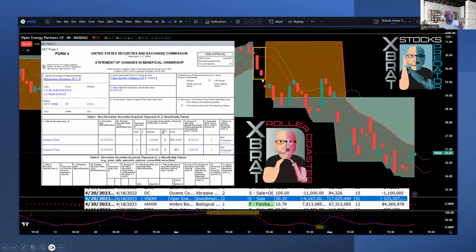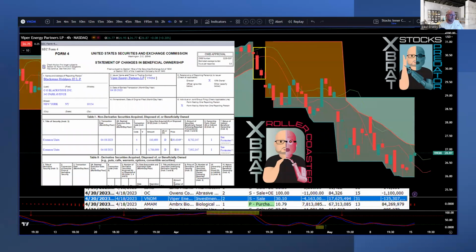There's tremendous opportunity here. So the next day we get a Rollercoaster signal to go short. This short is still on Venom. That first initial indication to us that something's happening is that you've got people selling a lot of shares that own 10% of this company, taking some great profits, probably near the high.